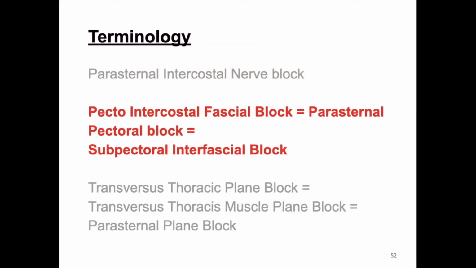Literature also describes the pecto-intercostal fascial block, also called parasternal pectoral block. In some papers, this block is also named subpectoral interfascial block. To understand these terms, we have to go back to the origin.